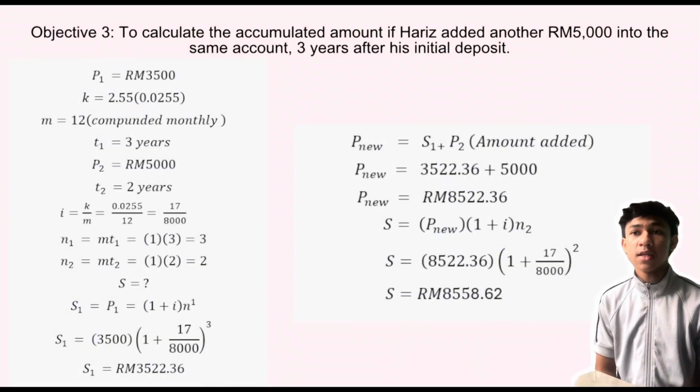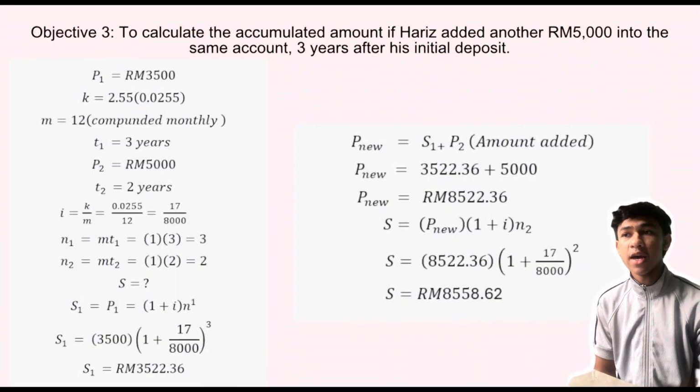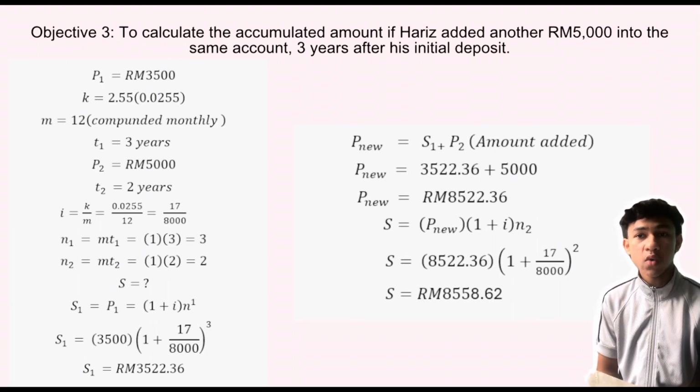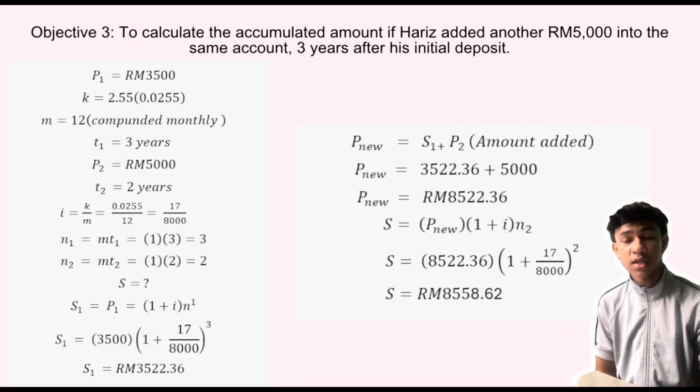Objective 3, to calculate the accumulated amount if Haris adds another 5,000 into the same account 3 years after his initial deposit. P1 equals RM3,500. K equals 2.55%, which is 0.0255. M equals 12, compounded monthly. T1 equals 3 years, T2 equals 2 years.